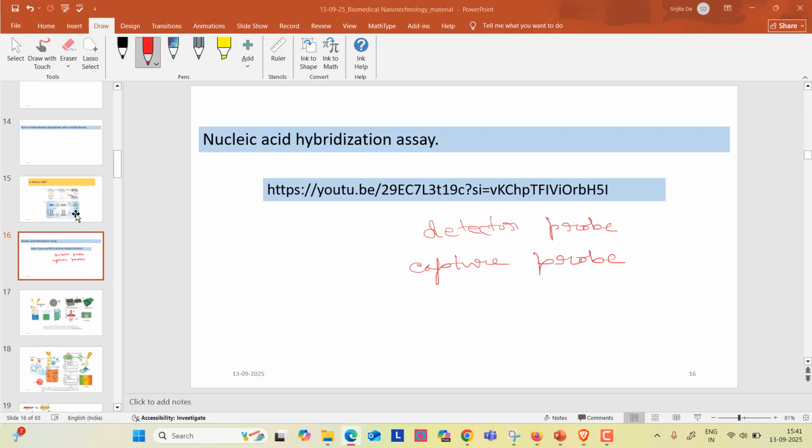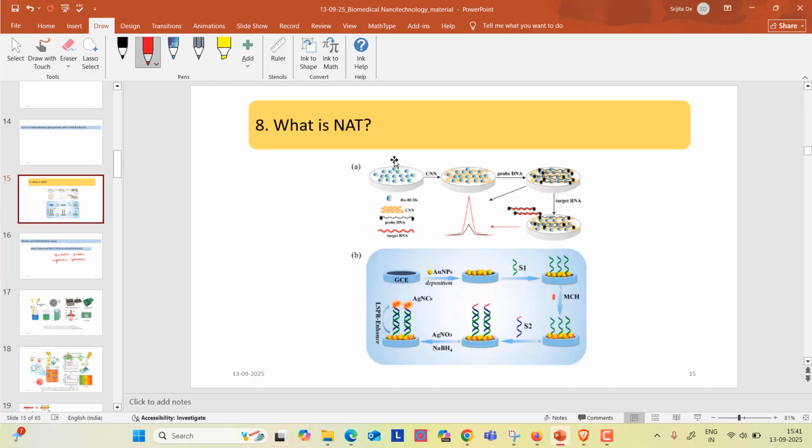So in this image, you can see that these are some kind of nanoparticles, right? These nanoparticles are deposited on a graphene electrode, and now this S1 is our sample. It is given, and now MCH is given. It is also a part, or you can say some kind of external molecule that is reacted.